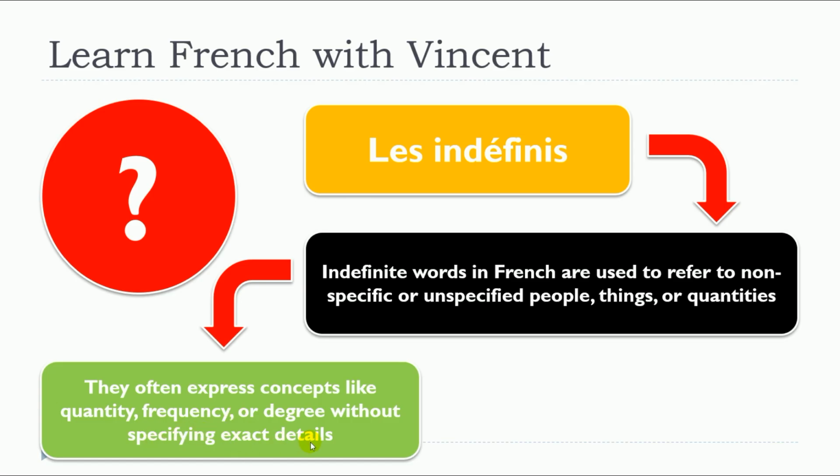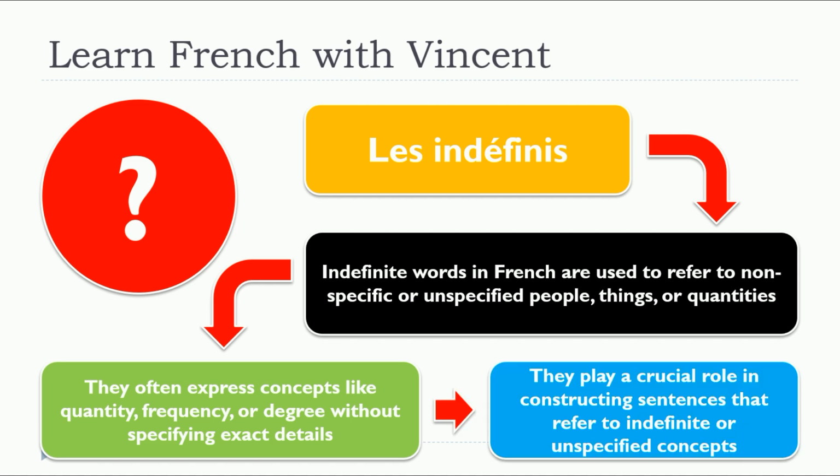And this is a key thing with les indéfinis. You don't specify exact details. And the last point, they play a crucial role in constructing sentences that refer to indefinite or unspecified concepts. So clearly, if you don't really want to be specific, you will have to know and master les indéfinis.